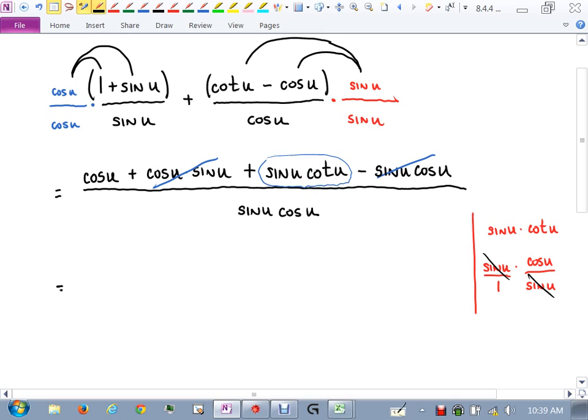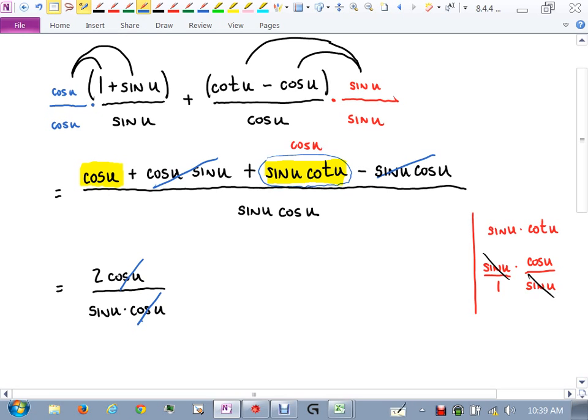So here's where I am. I have a cosine u up here. We said that this right here just turned into cosine u again. So how many cosine u's do I have? 2 of them, right? Not cosine squared because I'm adding them. So it's 2 cosine u's over sine u, cosine u. And again, because this is multiplication down here, and this is multiplication up here, I am allowed to cancel things. So these cosines now cancel, right?